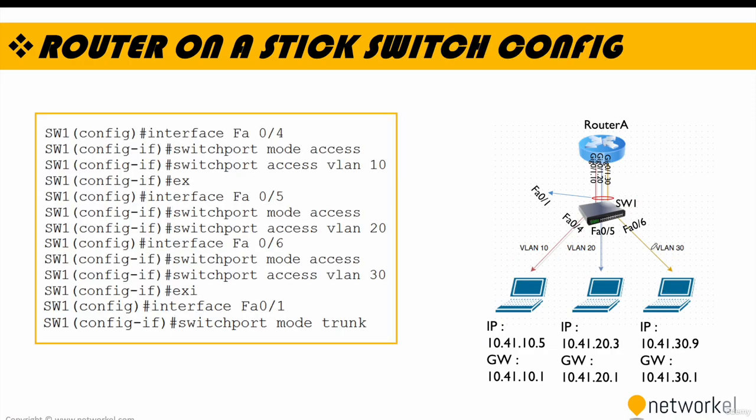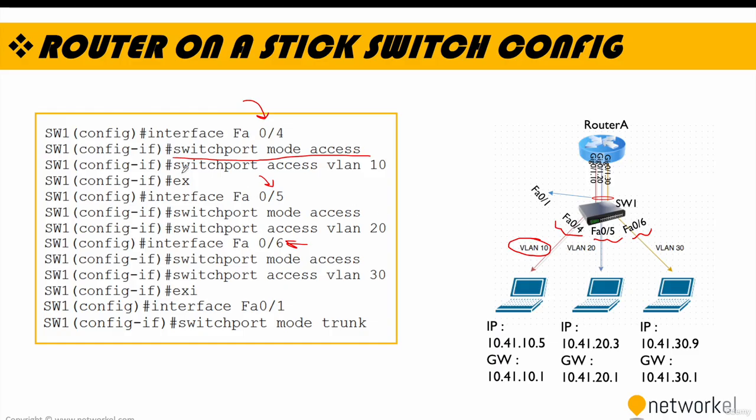Now, how am I doing the configuration? On the switch side, I need to create my VLANs and assign those VLANs to the respective ports. So I have my VLANs 10, 20 and 30. I go to the interface mode for each port and type switchport mode access for those ports, because there is only one VLAN for each, so those are not trunk ports.